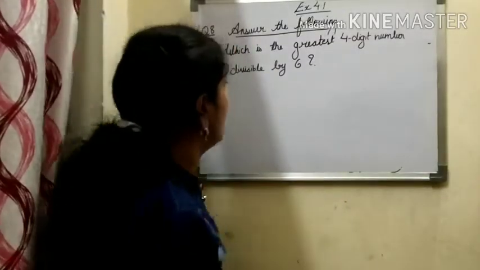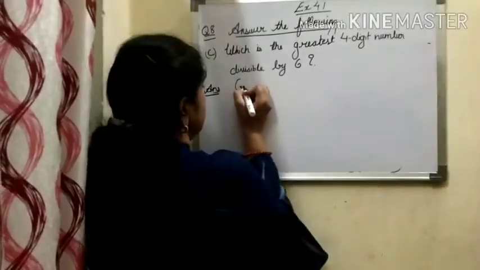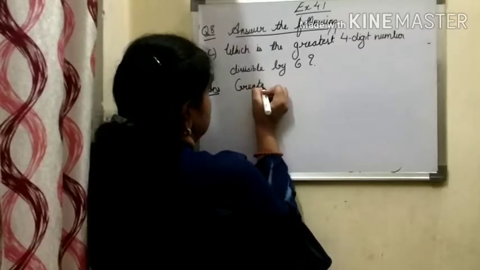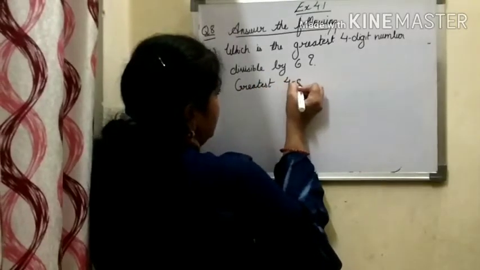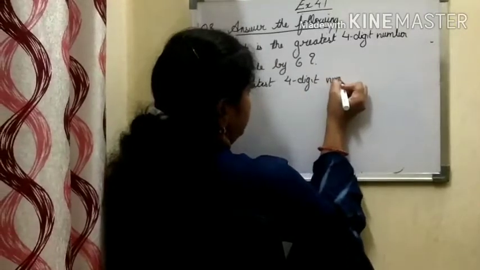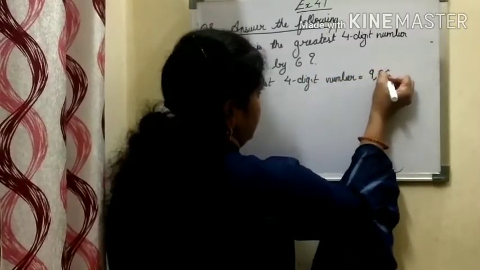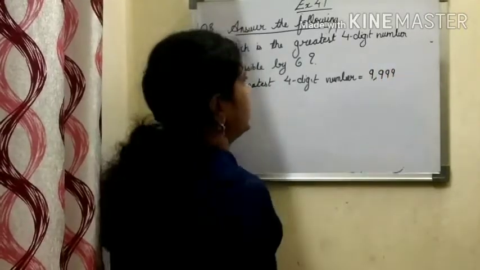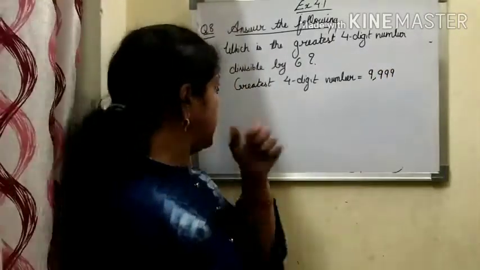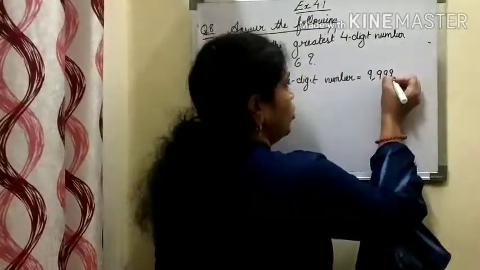Which is the greatest 4-digit number divisible by 6? Now first write the greatest 4-digit number. What is the greatest 4-digit number? 9999. Now to make it divisible by 6, first see that it has to be divisible by both 2 and 3.